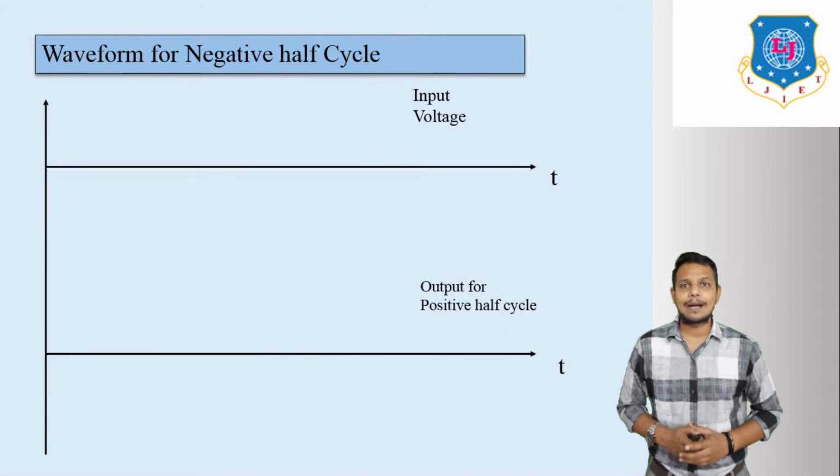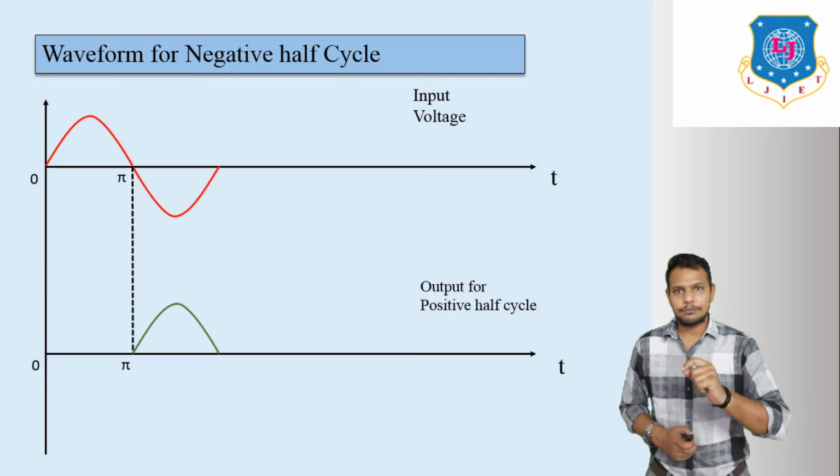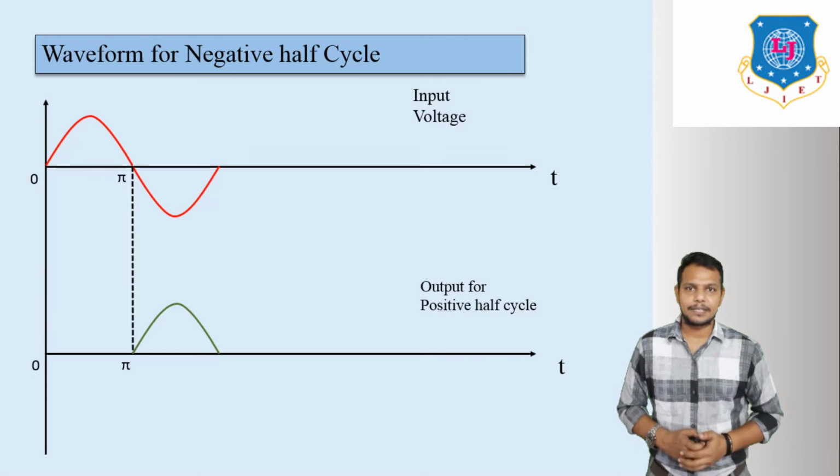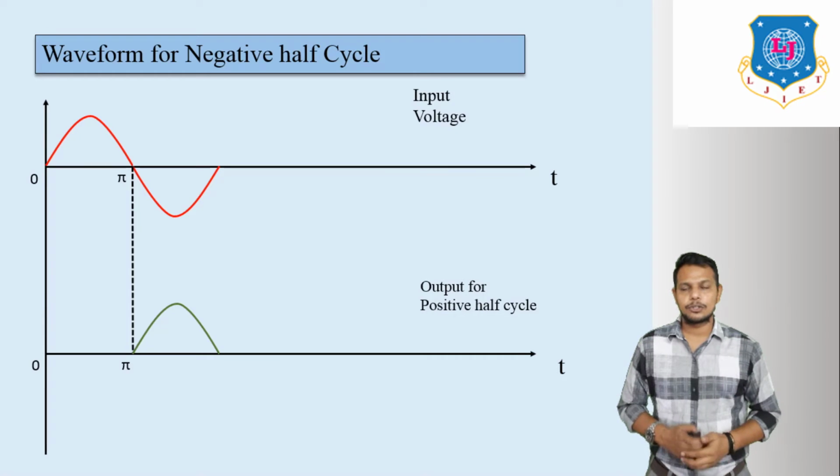Now for the negative half cycle waveform, if we enter the negative portion, pi to 2 pi, we will get a positive waveform because it is the same as we discussed in the positive half cycle. Current is always flowing from plus to minus, so here we will get positive.